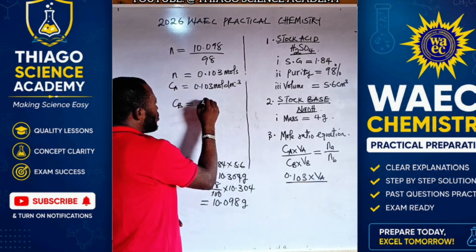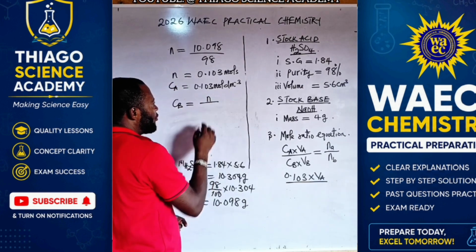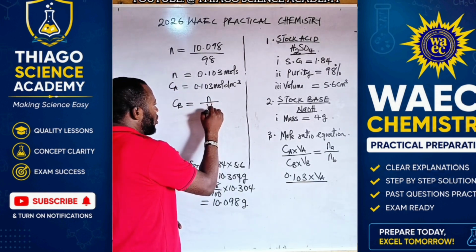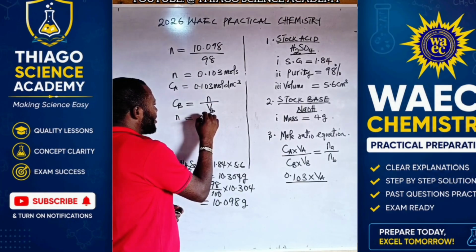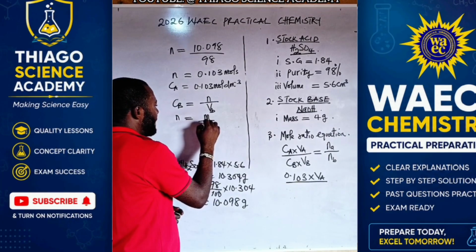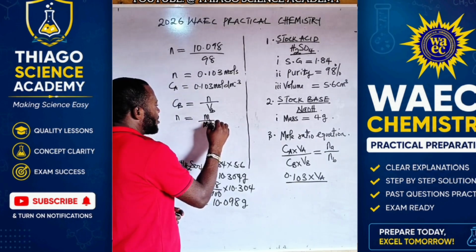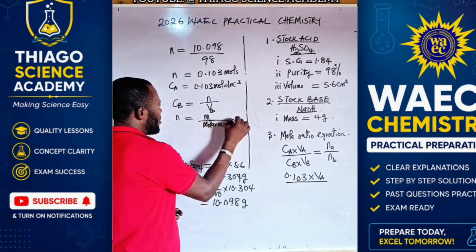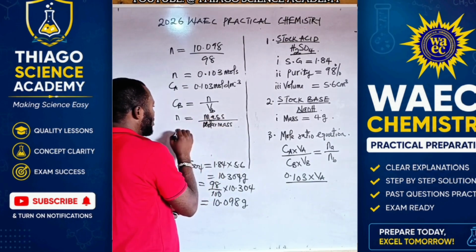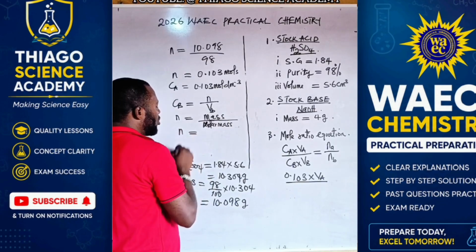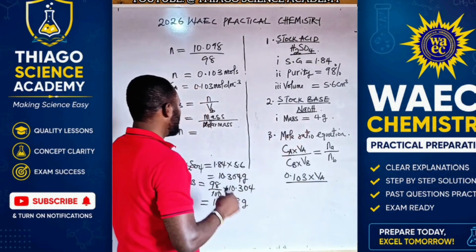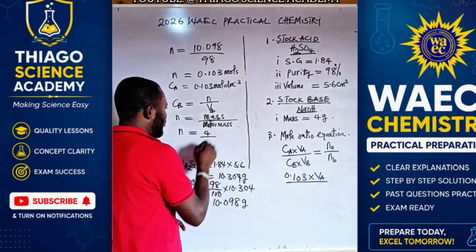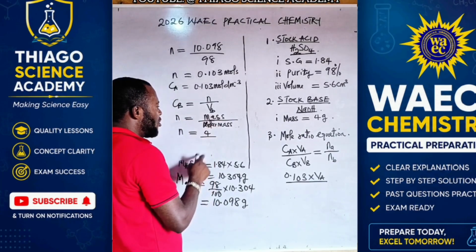Cb is equal to number of moles of the base all over volume of the base. So let's calculate n first. n is the given mass all over molar mass. So which means n, the number of moles of sodium hydroxide in the solution, is going to be 4 all over, that is the mass, all over molar mass.